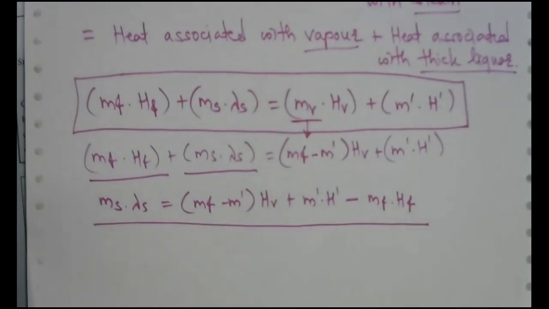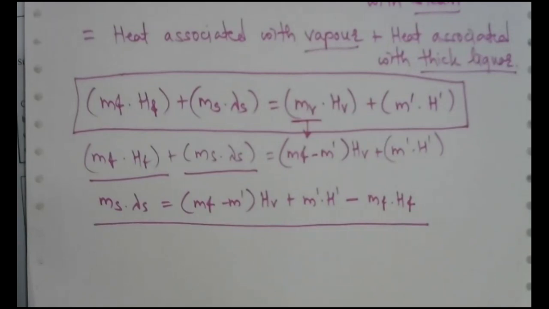Now we can also use the concept that the heat related to the input is equal to the heat related to the outputs. So the heat given by the steam is absorbed by the feed.